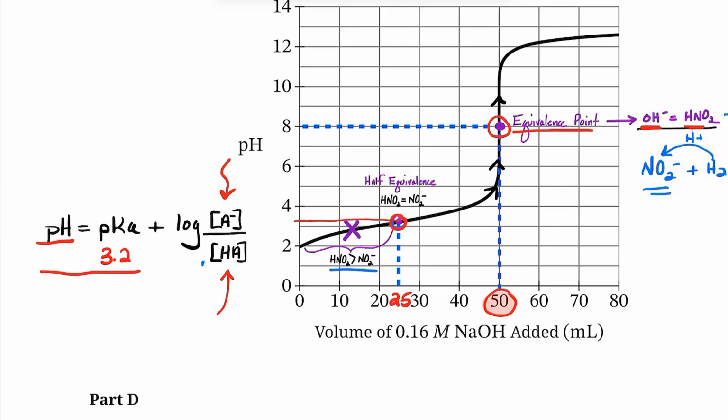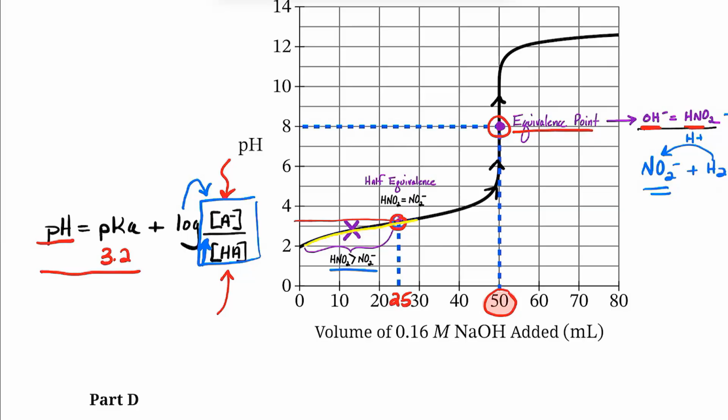If I've got a bigger number down here, that's going to make this expression become less than 1. And a log of a number less than 1, you guessed it, becomes negative. So if you've got more conjugate acid than conjugate base because we didn't add quite enough base to get past the half equivalence point, you're going to be in this region here.